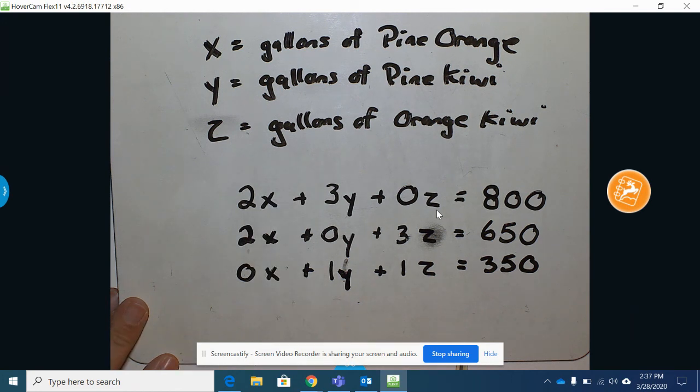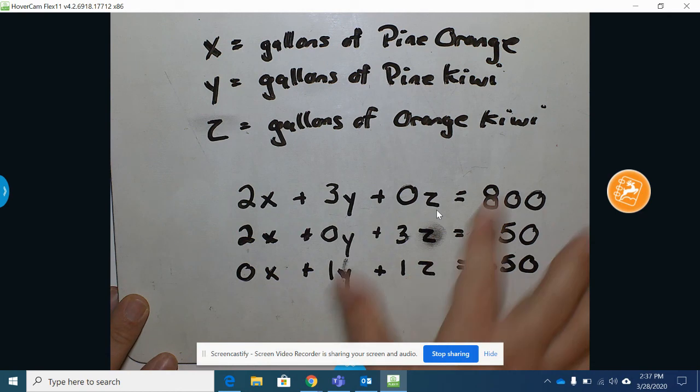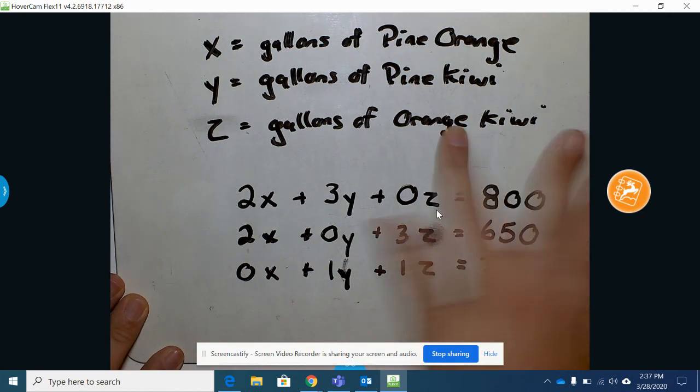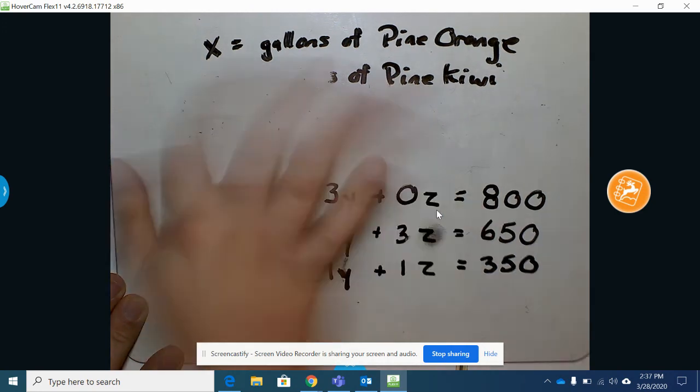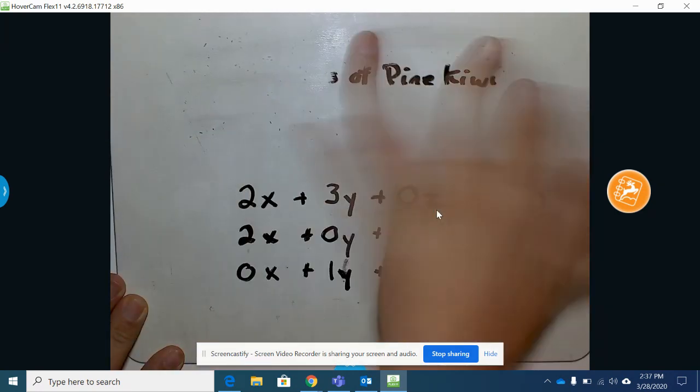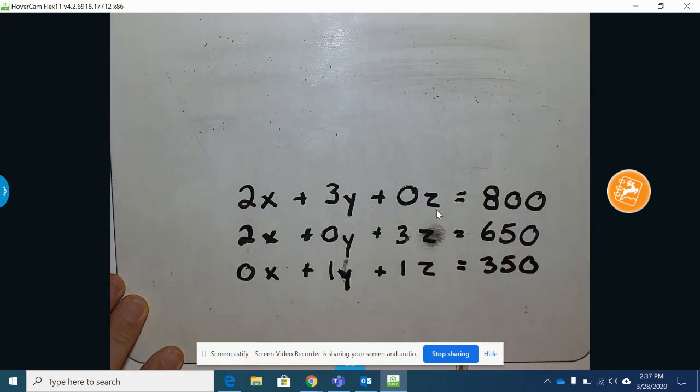All right, what we're going to do next is make an augmented matrix out of these. Just because I ran out of space here, I'm going to get rid of my variables up here, and I'm going to write my augmented matrix out of this. My augmented matrix is going to consist of 3 rows and 4 columns.